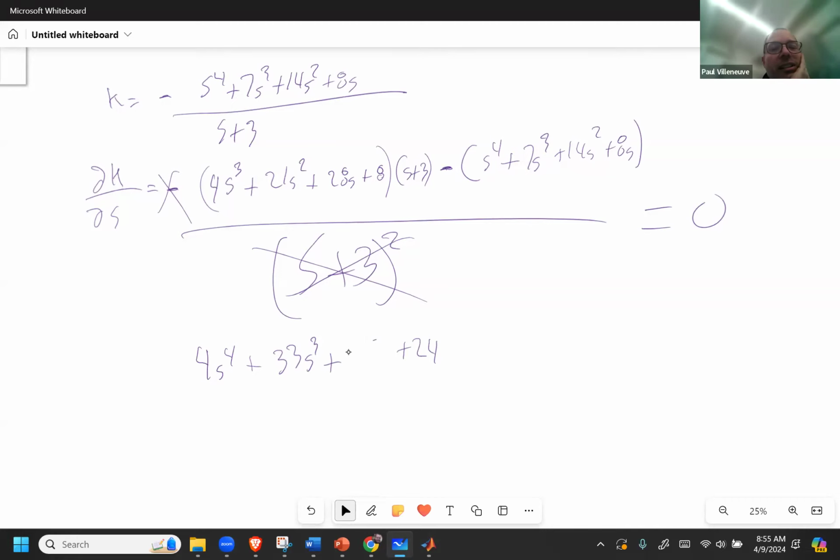Let's see. 4S to the 4th, that one's fine. And then I have 21S squared times S, which is 21S cubed. Yeah, that's correct. And now I have to get the S squared one, so I have 28S squared plus 21, so that's 49S squared. And then I have 8S plus 28 is 36S plus 24. No, that's not correct. Sorry.